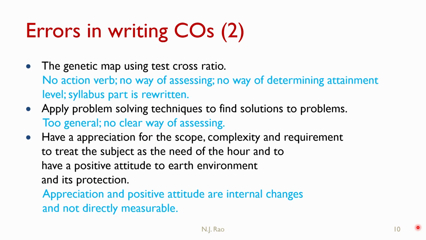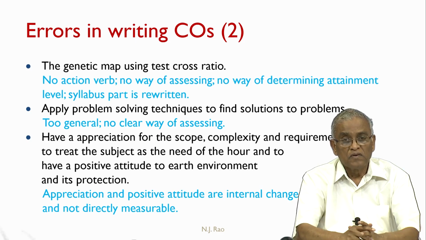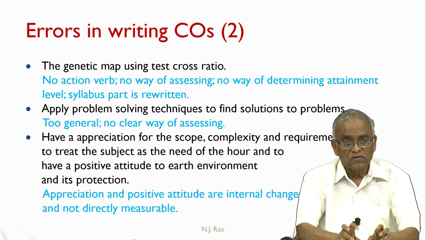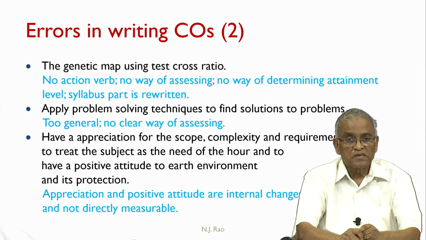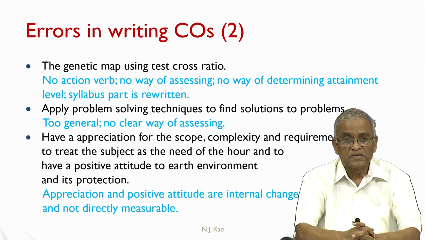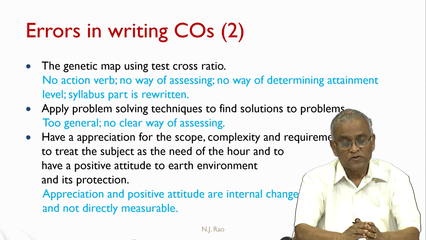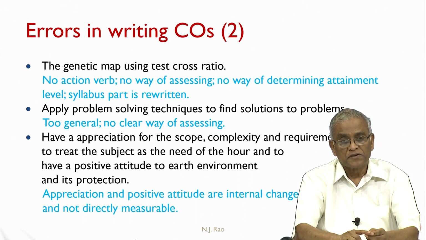First of all, there are two parts to the statement. As you can see, have an appreciation is one part, second part is have a positive attitude. Even if you consider have as an action verb, there are two action verbs. Then appreciation and positive attitude are internal changes and they are not directly measurable. So, first, it should be only one action verb and it should be measurable.